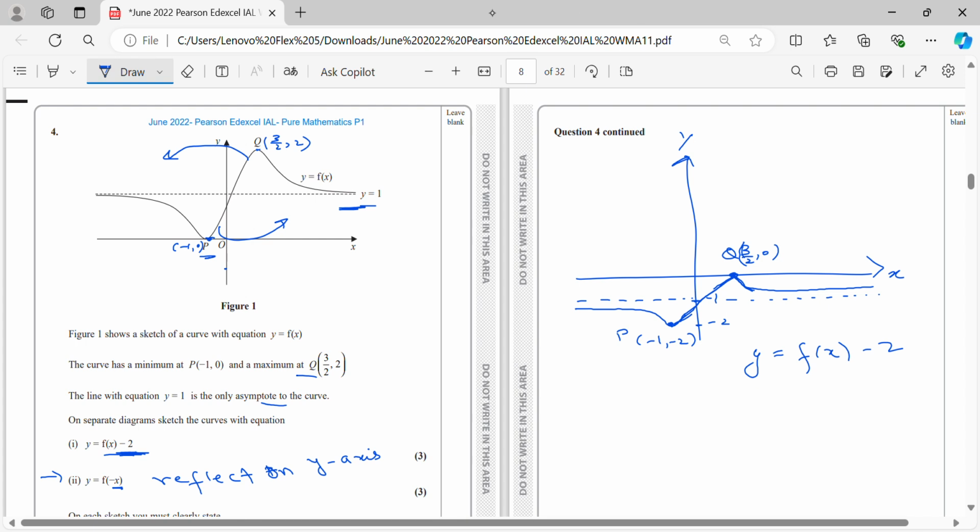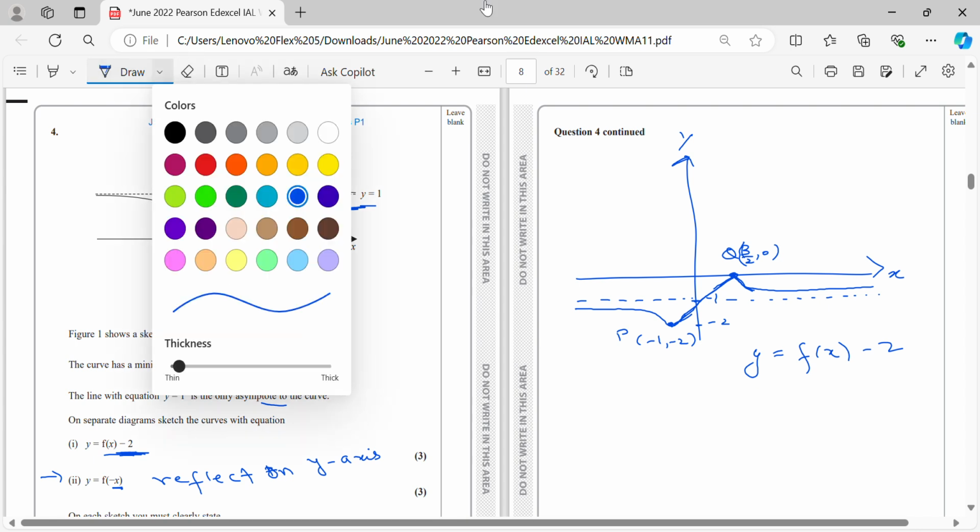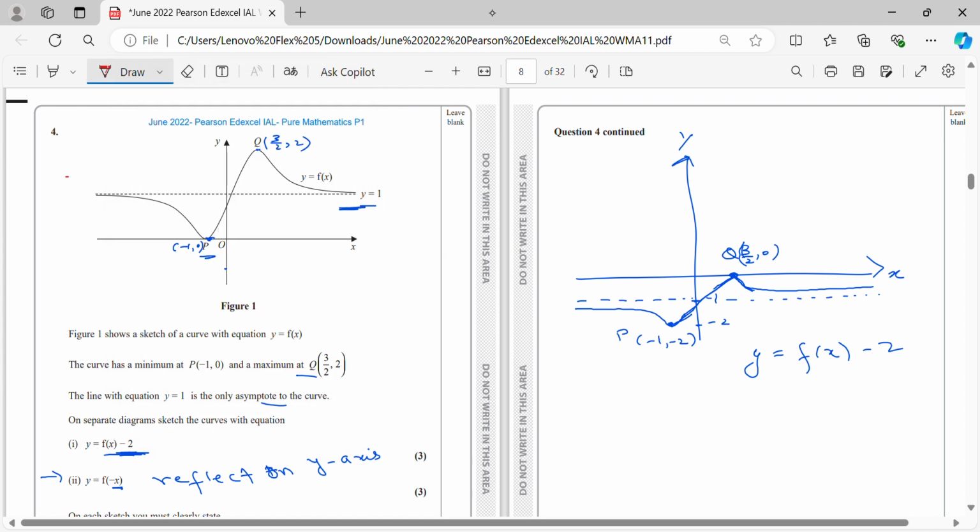First I will try to sketch, let me erase these arrows, and let's first sketch here on the actual diagram just to show you how it is reflected on y-axis. Because it says y equals f of minus x, it means that all the x values I will change to negative. All right, so if I look at the maximum Q point, x value is 3 over 2.